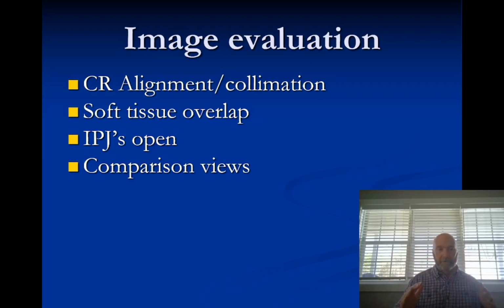Because of the divergence of the central ray, you're not going to get an ideal image, but the doctor should be able to assess and evaluate what it is they want to see. What you want to do is try to get the anatomy as close together as possible. You don't want to put them so far apart that the divergence of the central ray mimics rotation. So put them as close together as possible and understand that you're going to get a little bit of distortion there.